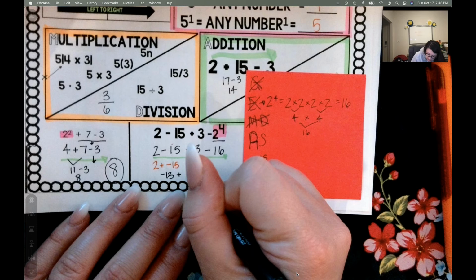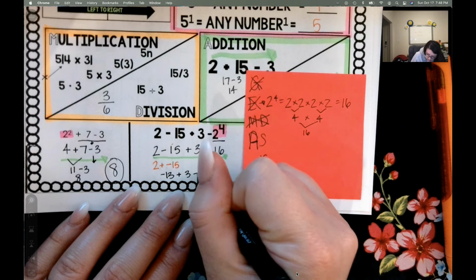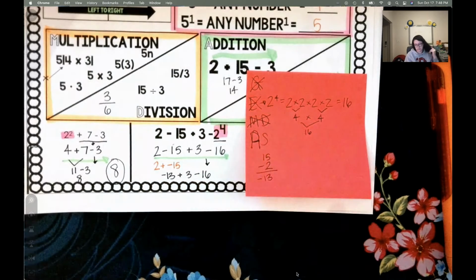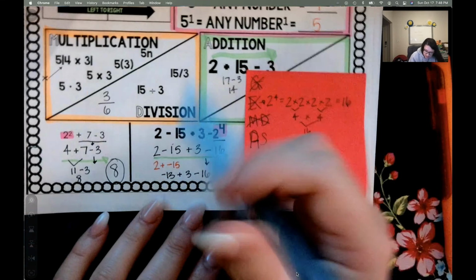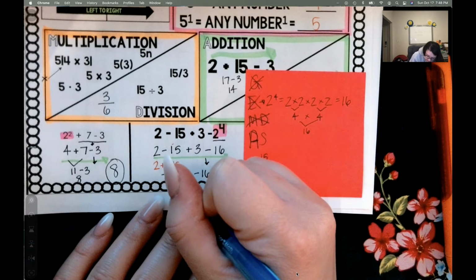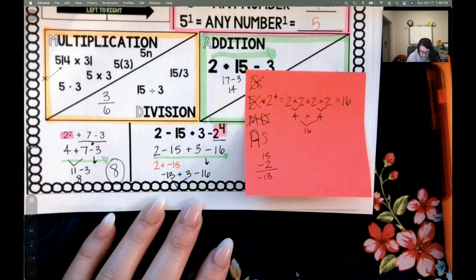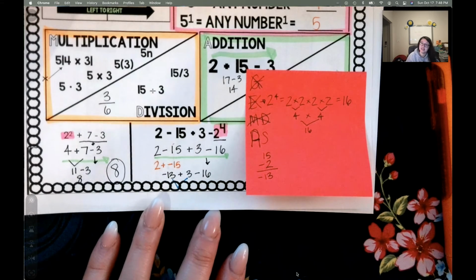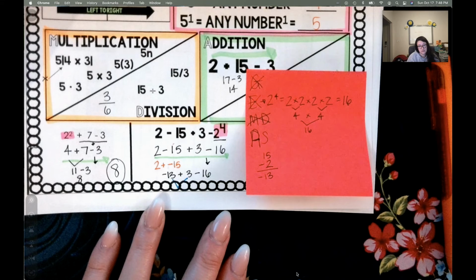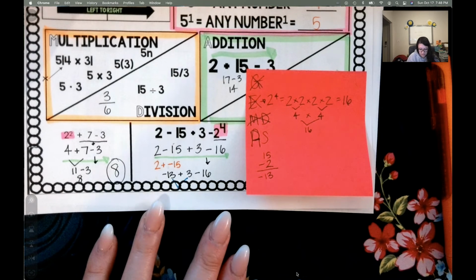Negative 13 plus 3 minus 16. Oh man, I bet y'all are excited for working with more negatives, because now we need to combine negative 13 plus 3. Same sign, add. Different sign, subtract. Are negative 13 and 3 the same signs or different signs?